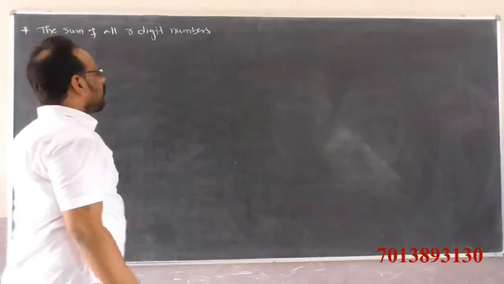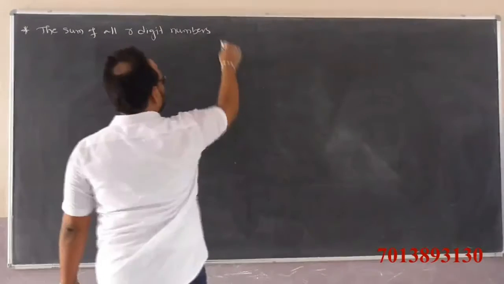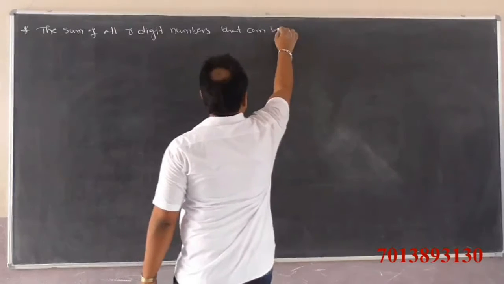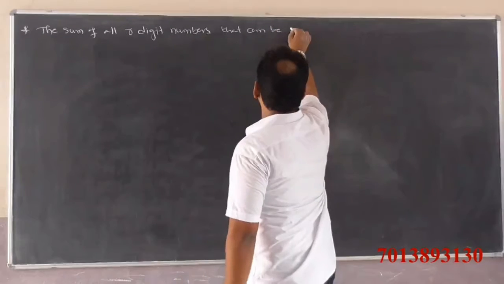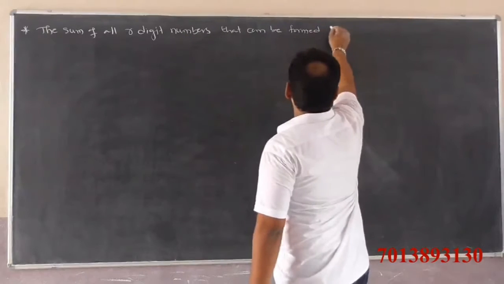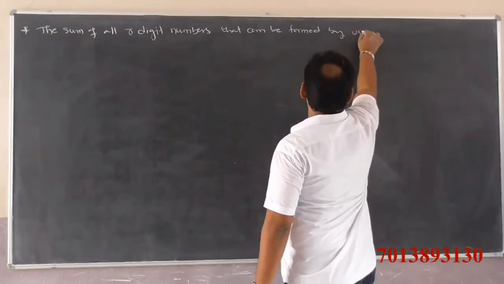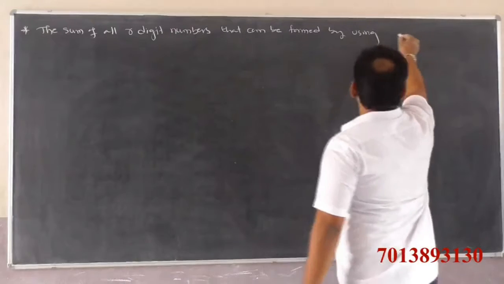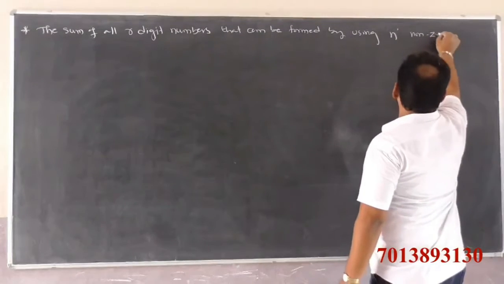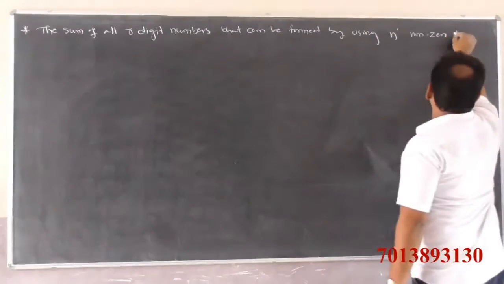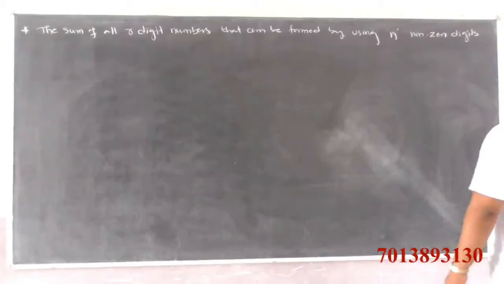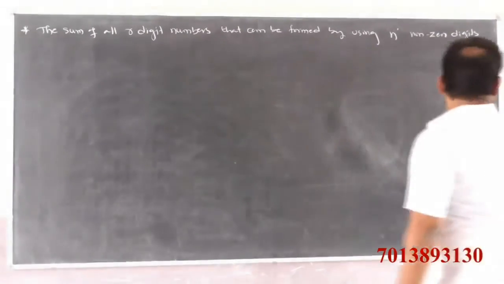The sum of all r-digit numbers that can be formed by using n non-zero digits.